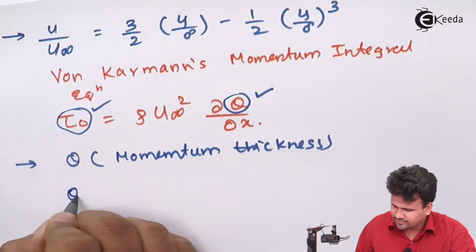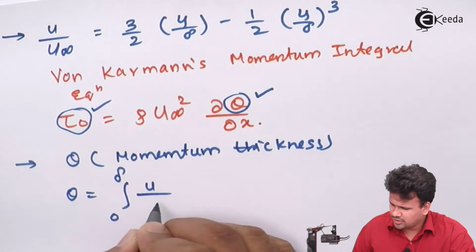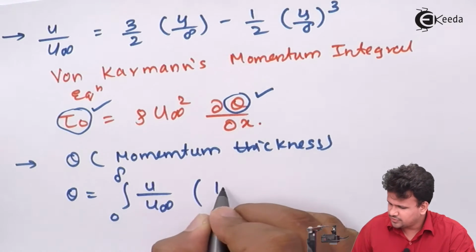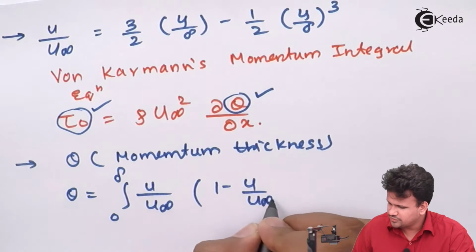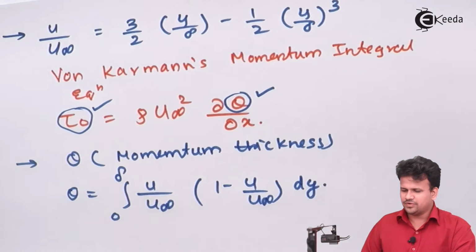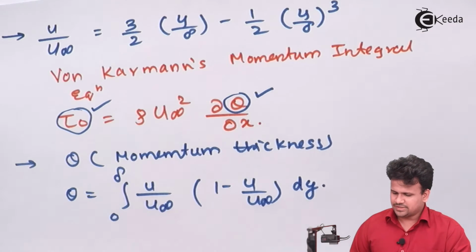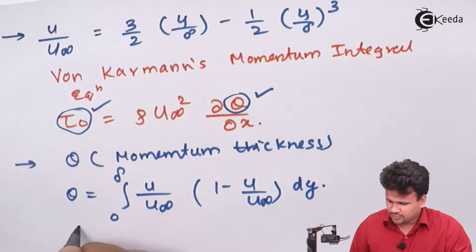Now we know momentum thickness is given as integral 0 to delta of u upon u infinity into 1 minus u upon u infinity into dy. So this is the value of momentum thickness. Now let us substitute what u upon u infinity is.